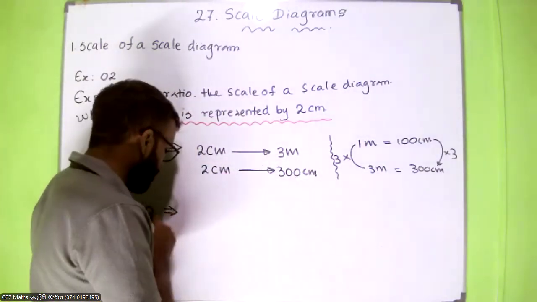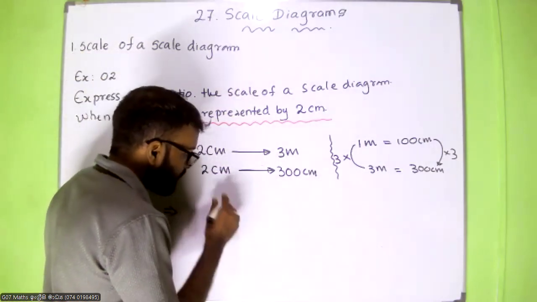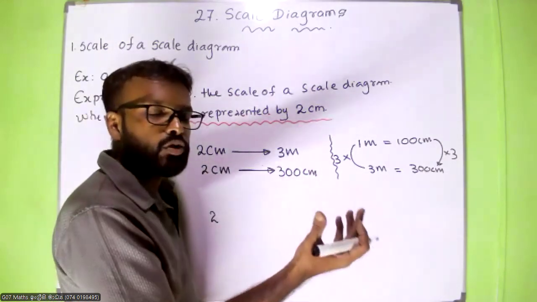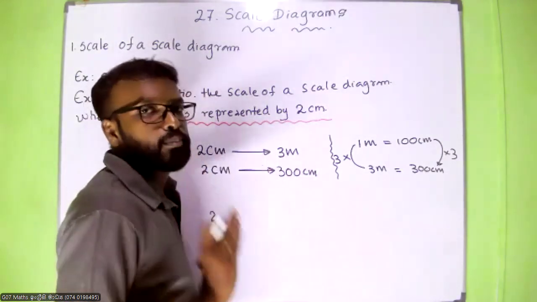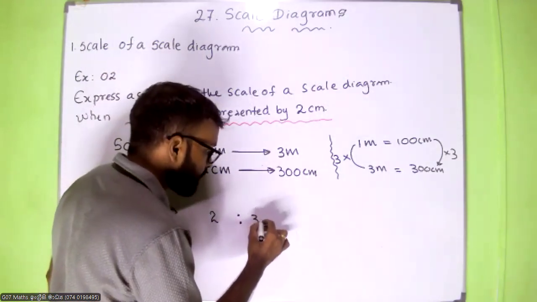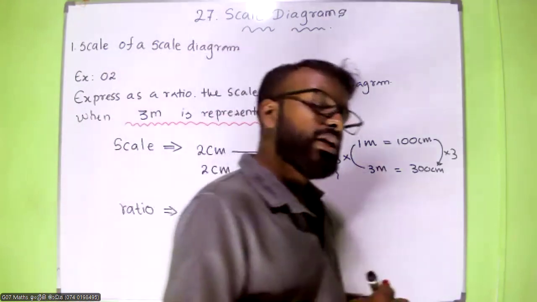Now in centimeters, you can represent it as a ratio. Now you don't need to mention centimeter and centimeter because they are in the same unit. 2 to 300. Now, is this okay?